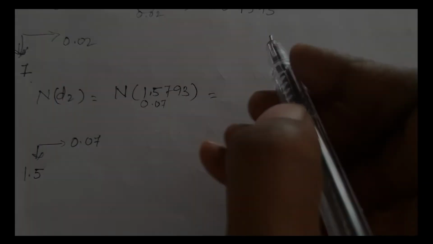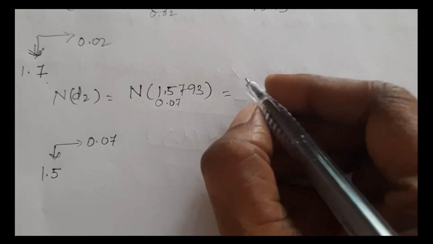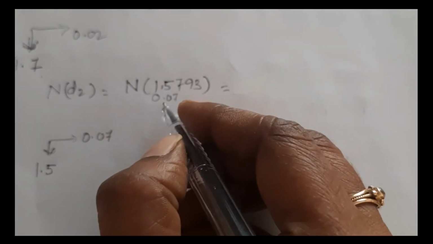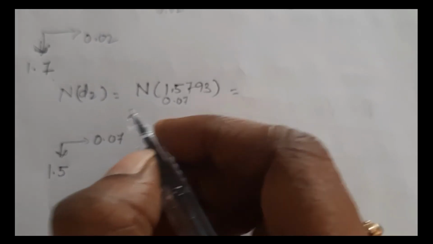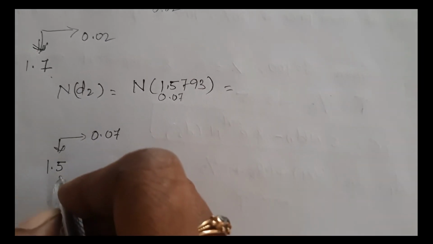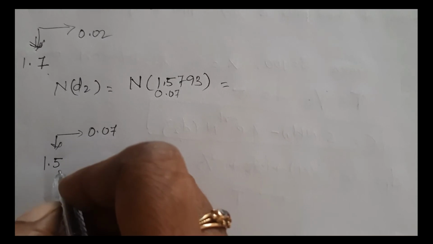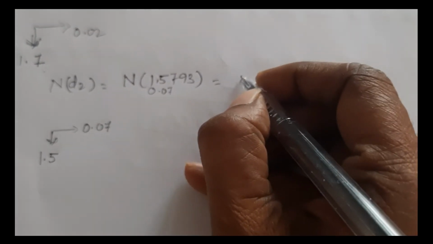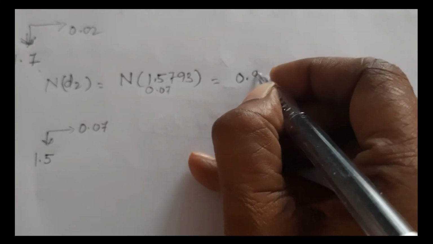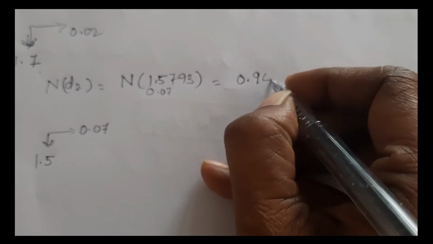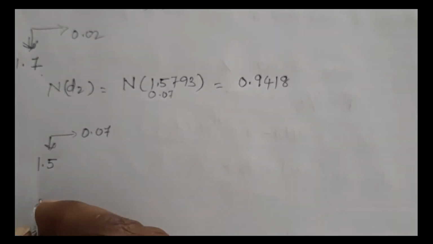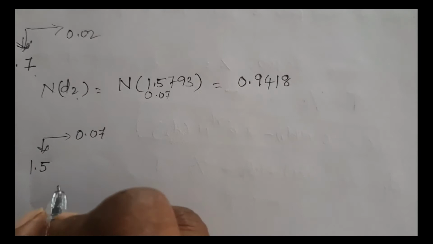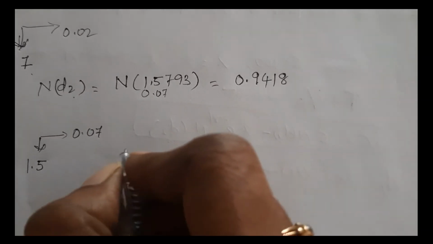So when you look at the cumulative normal distribution table, considering 1.5 in the column and 0.07 in the row, we will get 0.9418. So after calculation of N(d1) and N(d2), we need to calculate call option price.